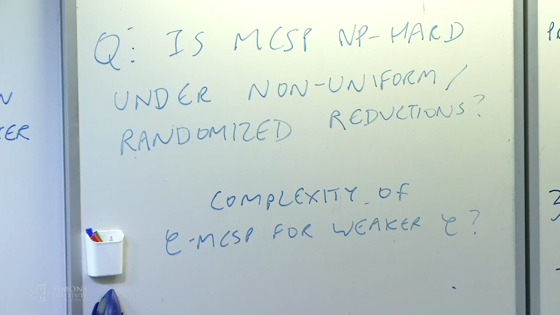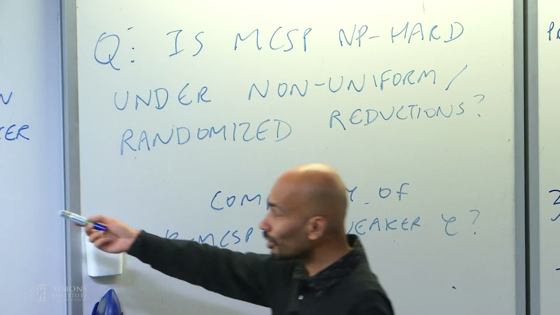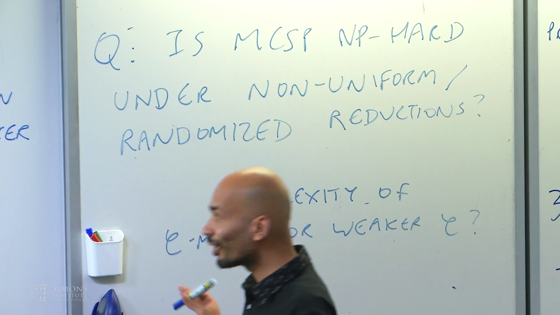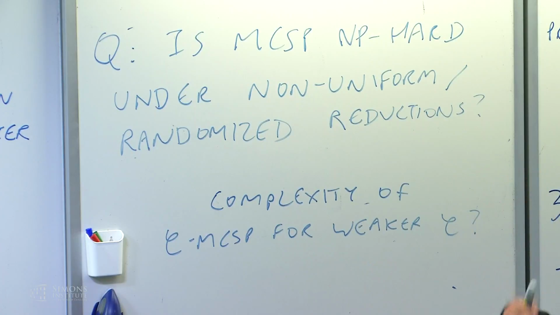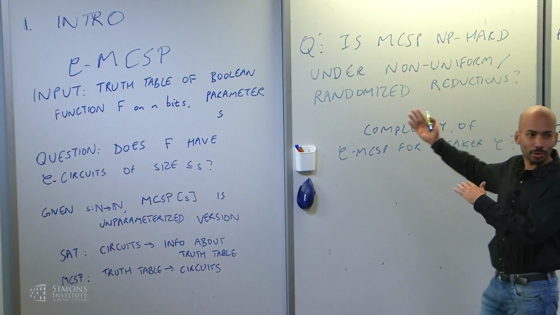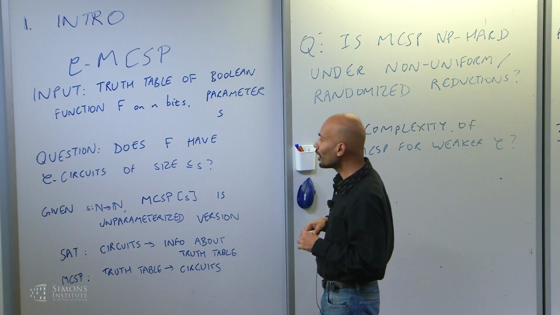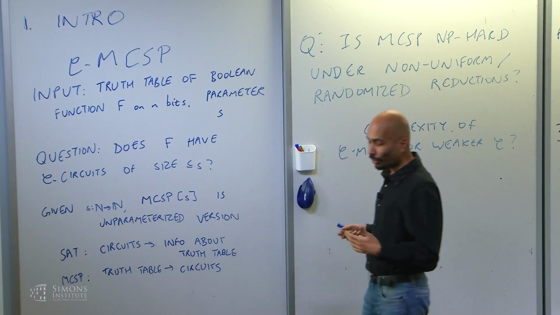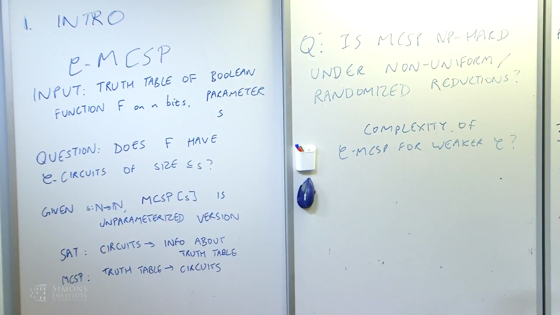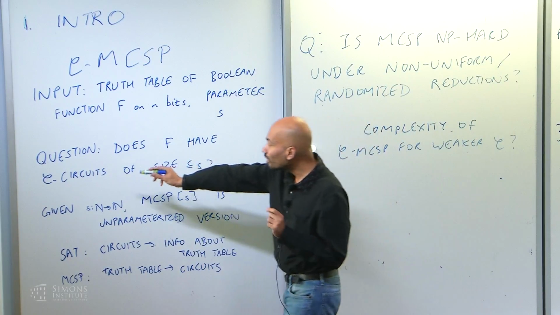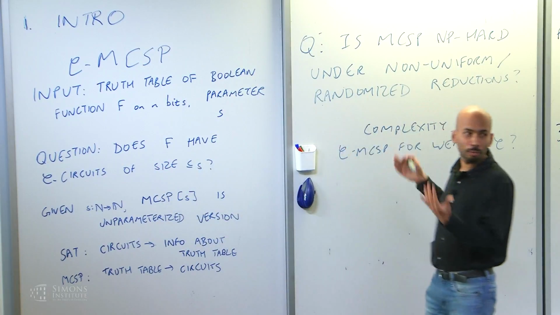Of course, it's true for satisfiability. If you have a larger class of circuits, then the problem gets harder. But here, if the class of circuits gets larger, it's not clear that MCSP for a simpler class of circuits reduces to MCSP for a larger class. If you have a function of low complexity for some simple class of circuits, of course, it's still simple for the harder class, but the other way around, it's not clear how to transform hard functions for a simple class of circuits to hard functions for a more complicated class.